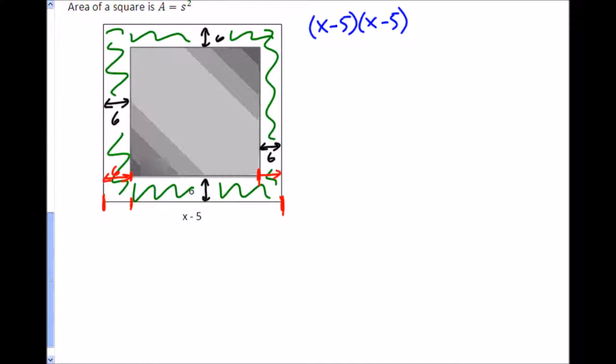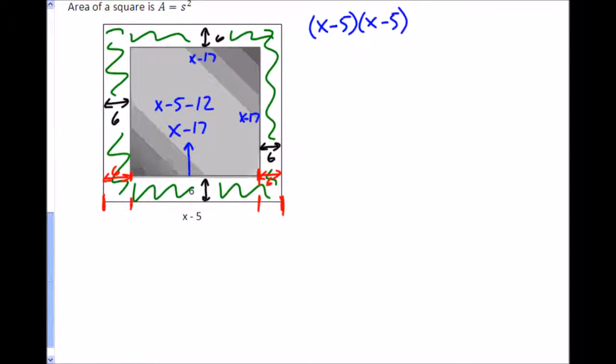And this is another 6 inches right here, so it's 6 inches shorter on this end. So in other words, the side length right here is x minus 5, but minus another 12 inches. It's 12 inches shorter than the side length of the larger square. So that's going to give me x minus 17. So that means that each edge of this thing is x minus 17 in length.